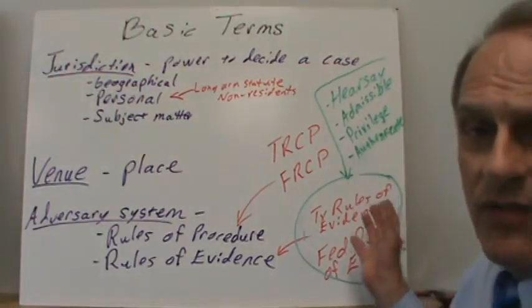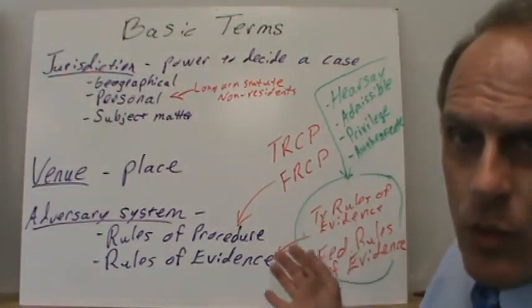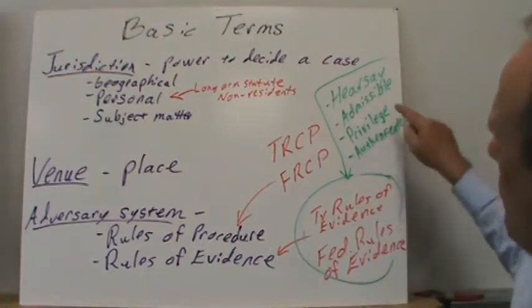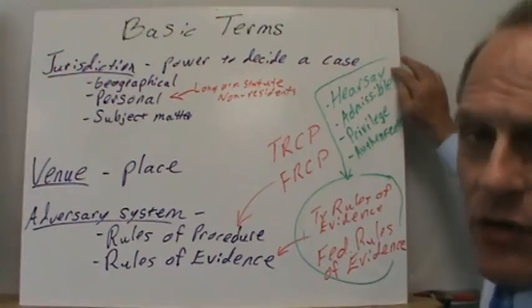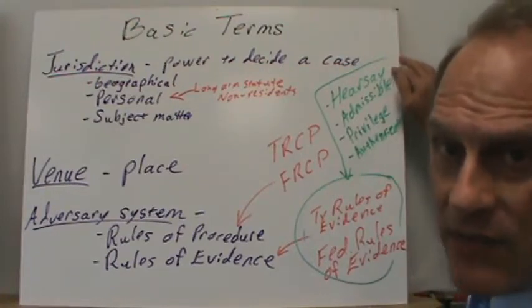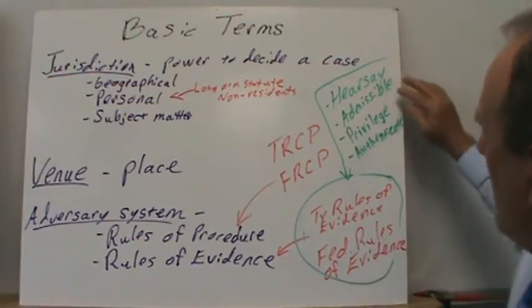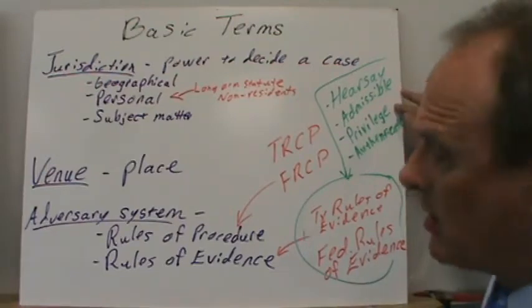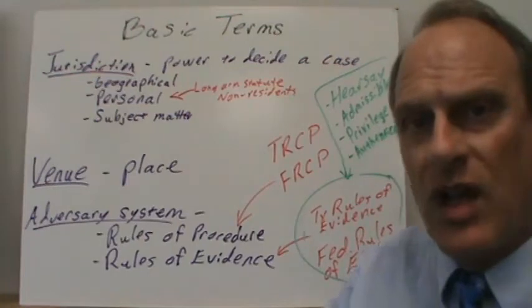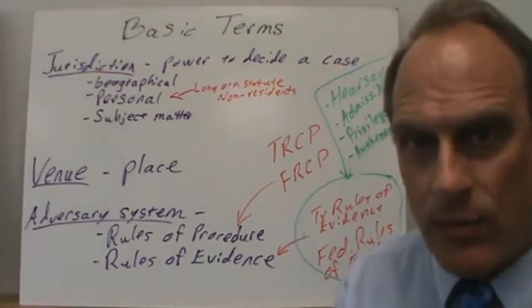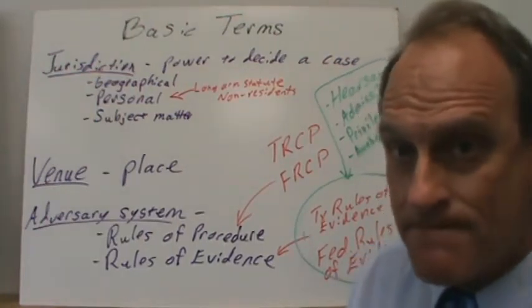These rules of evidence deal with things such as, well, what is admissible evidence? What is this notion of hearsay? We always hear about hearsay evidence. What is hearsay? What is privilege? What does it take to authenticate a piece of evidence to show that it is reliable and that we can use it in court?